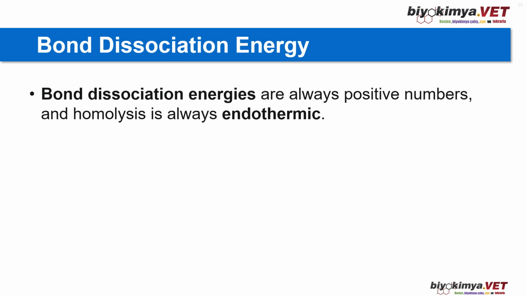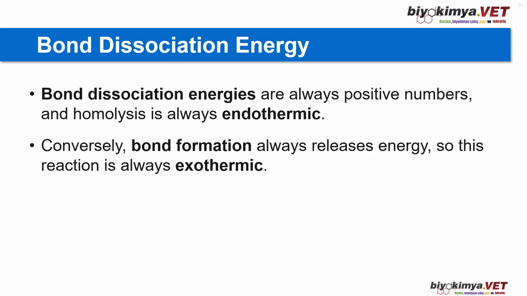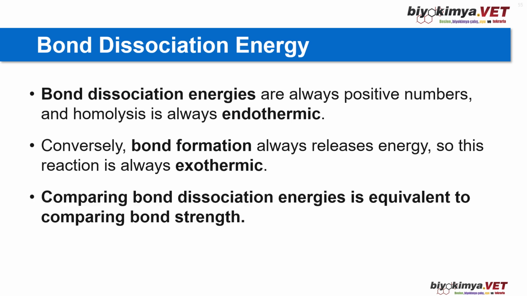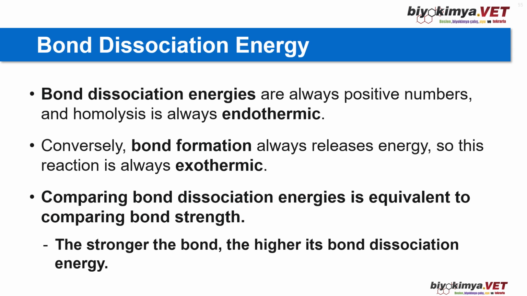Bond dissociation energies are always positive numbers, and homolysis is always endothermic. Conversely, bond formation always releases energy, so the reaction is always exothermic. Comparing bond dissociation energies is equivalent to comparing bond strength. The stronger the bond, the higher its bond dissociation energy.